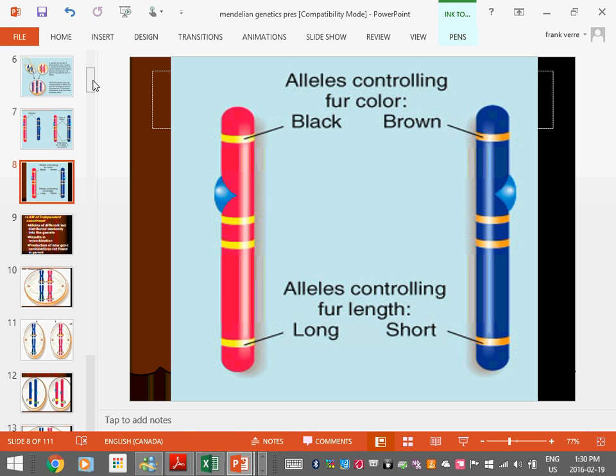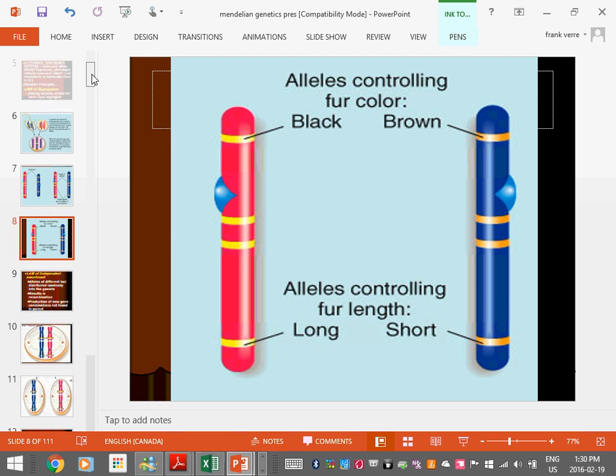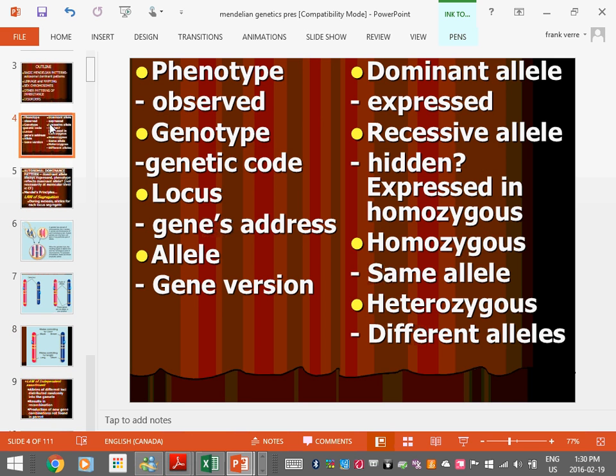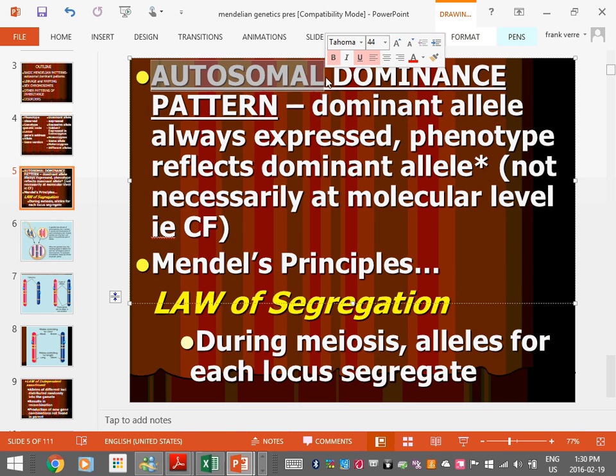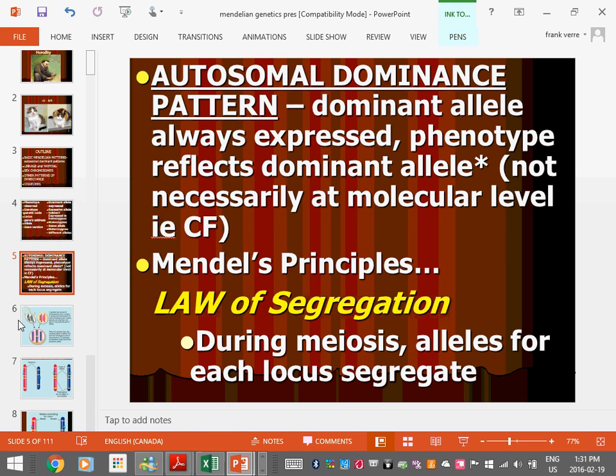The other assumption that we made, and I haven't told you about this, some of you may have noticed there was a term. Where's the term? Right here. Never went over this with you guys. Autosomal. The other assumption we made is that the gene that we are looking at is on the autosomal chromosome. Now, what exactly does that mean?